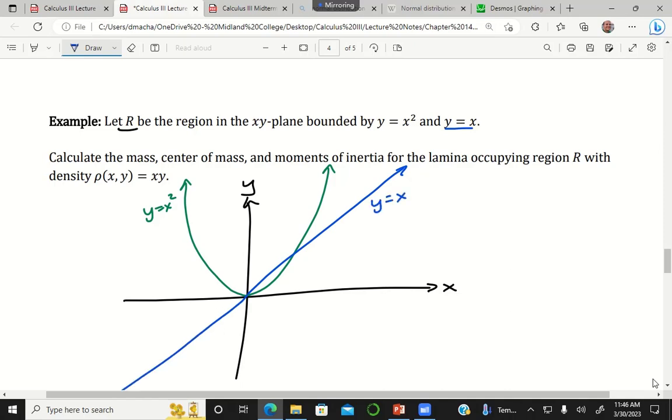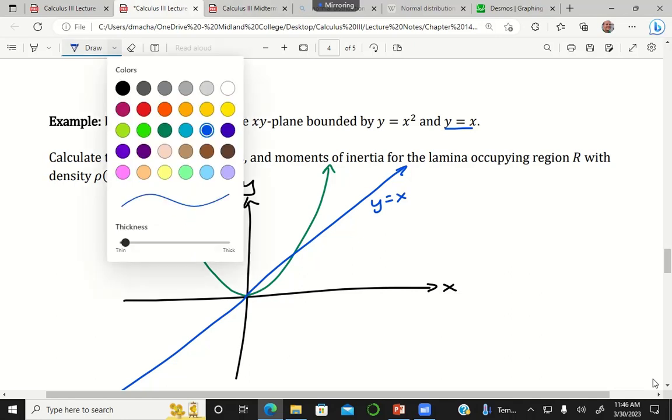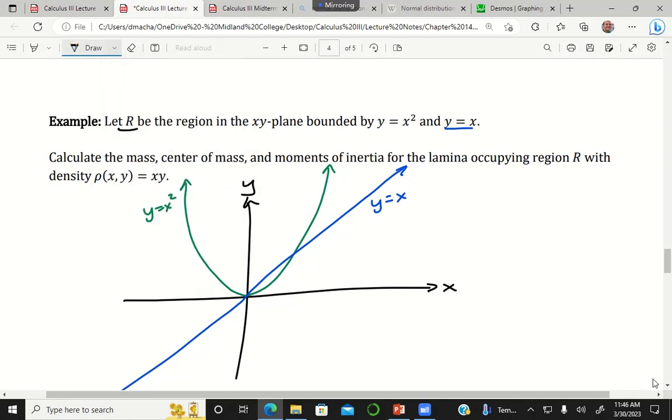So we're going to get a little crescent-shaped region between the origin and the point where x and y are both equal to 1. See the little bounded region there? Very skinny. And then we're going to want to calculate the mass, the center of mass, and the moments of inertia. And I don't think we're going to have time for that, but we can try.